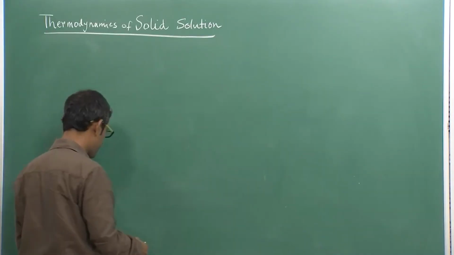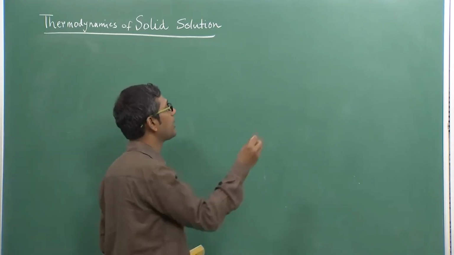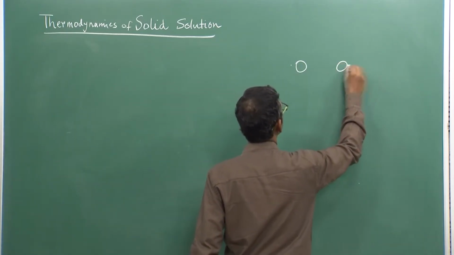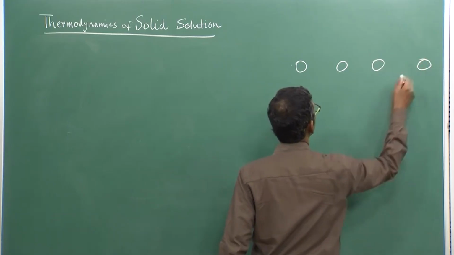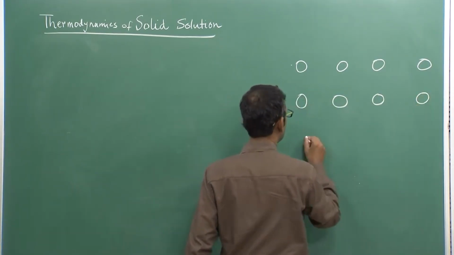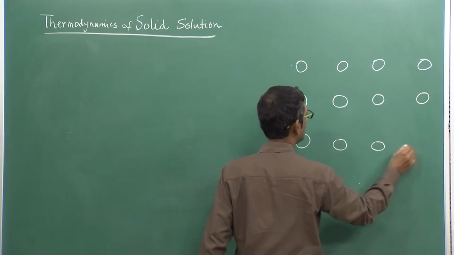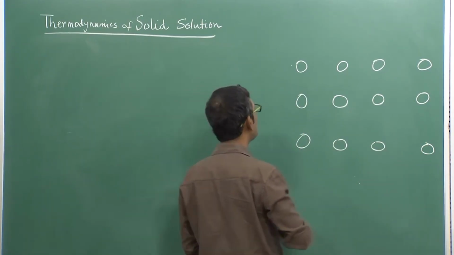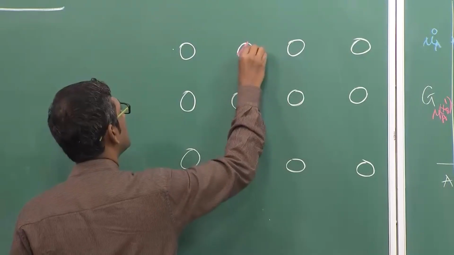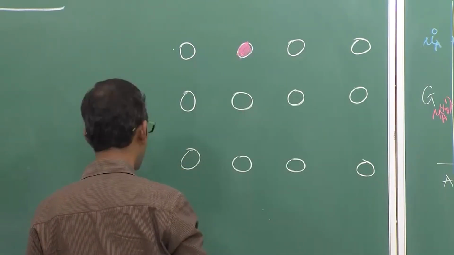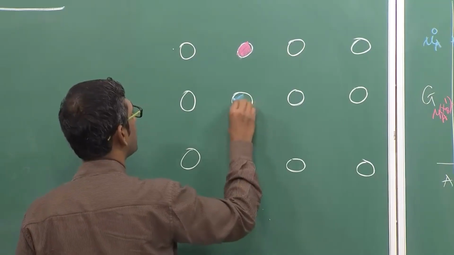Let us first draw a simple two dimensional lattice of atoms. Okay, this is a two dimensional lattice of atoms, and let us suppose this is my B atom, and this is my A atom.